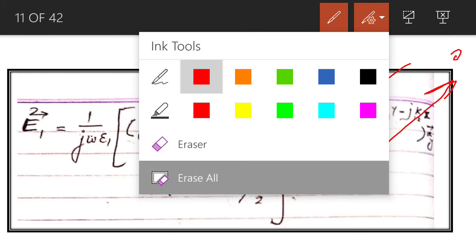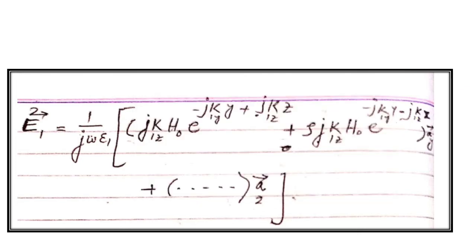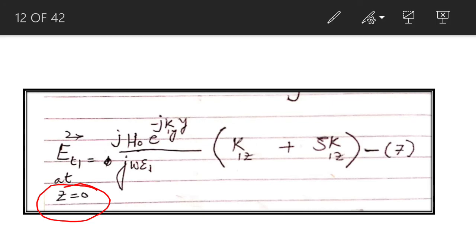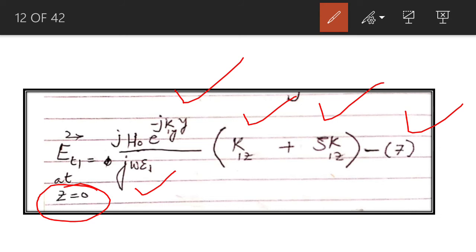So if we simplify the tangential component of E1, we get equation number 7, which is j H naught into e raised to power minus j k1yy divided by j omega epsilon 1 into k1z plus rho k1z. So we get the tangential component of E1, and it is given in equation number 7.